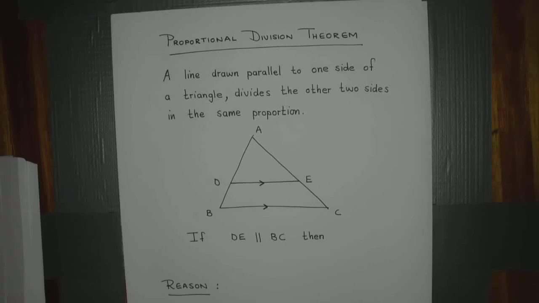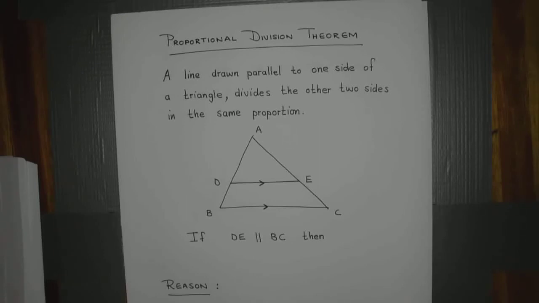So proportional division theorem says, a line drawn parallel to one side of a triangle, so if you draw a line that is parallel to one of the 3 sides of a triangle, then that line will divide the other 2 sides in the same proportion. That line will always divide the other 2 sides in the same proportion.